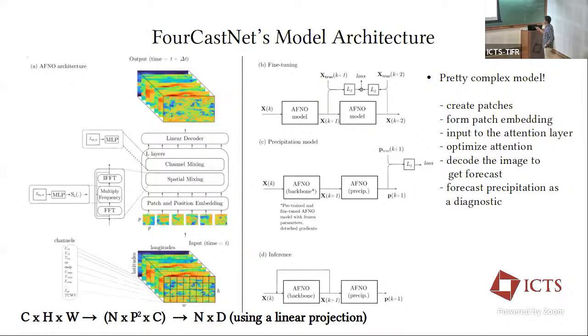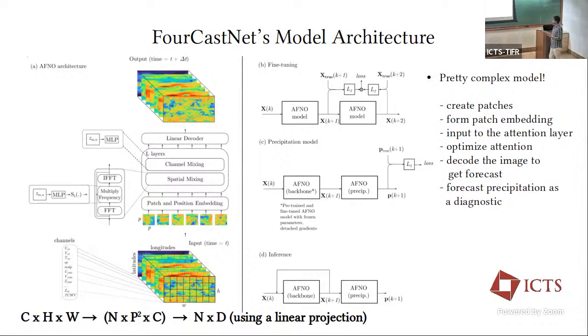Now, the architecture of this model is pretty complex, but let's see if we can make sense of it. So yesterday in the CNN tutorial, we looked at how a grayscale image can have 1 channel, but an RGB image, a full color image, can have 3 channels, and the total image is a combination of those 3 channels, and each channel captures some feature of the image in one color domain or the other.